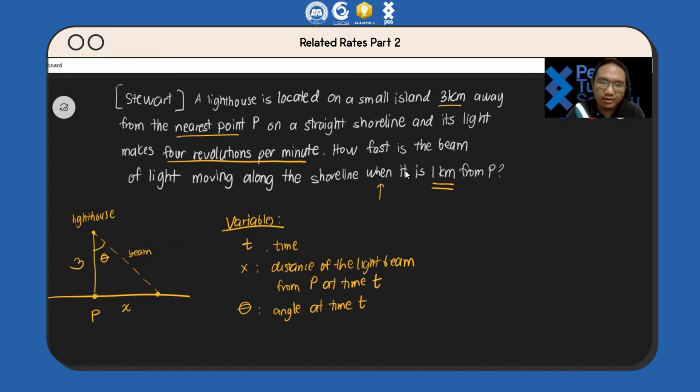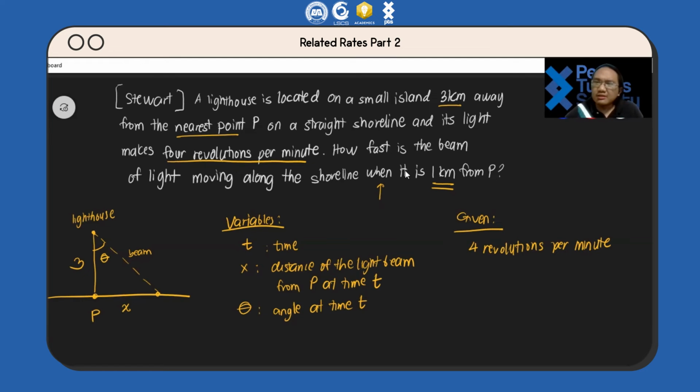Okay, so now that we have all our variables set up, it's time to set up the given as well. 4 revolutions per minute. Let's take a minute to ponder about this. It's related to theta, but it's also a rate because it's per minute, so it's a derivative, a rate of change.